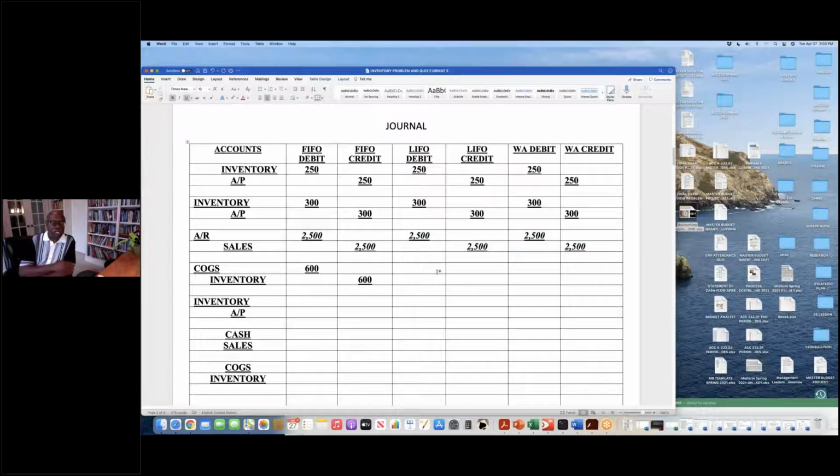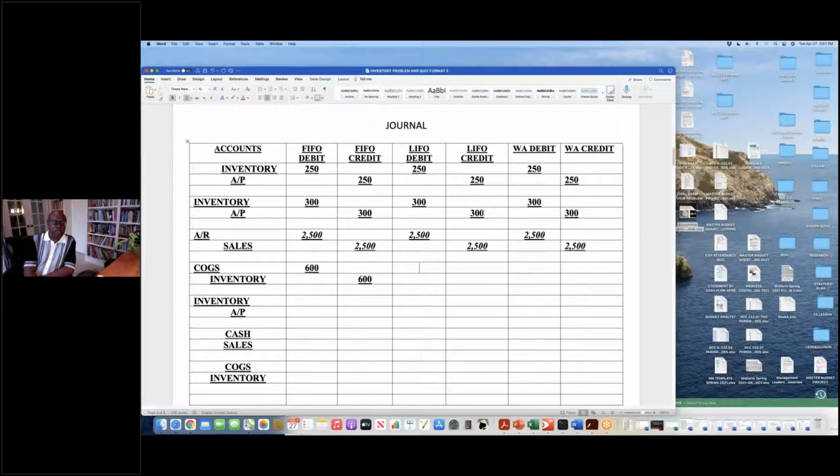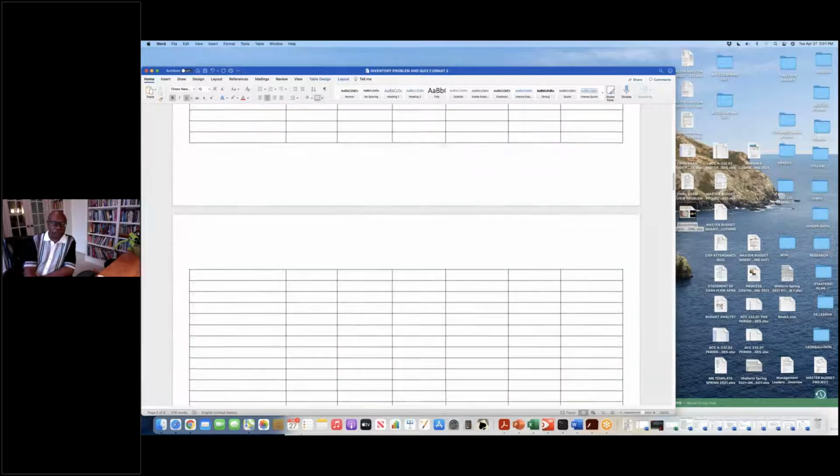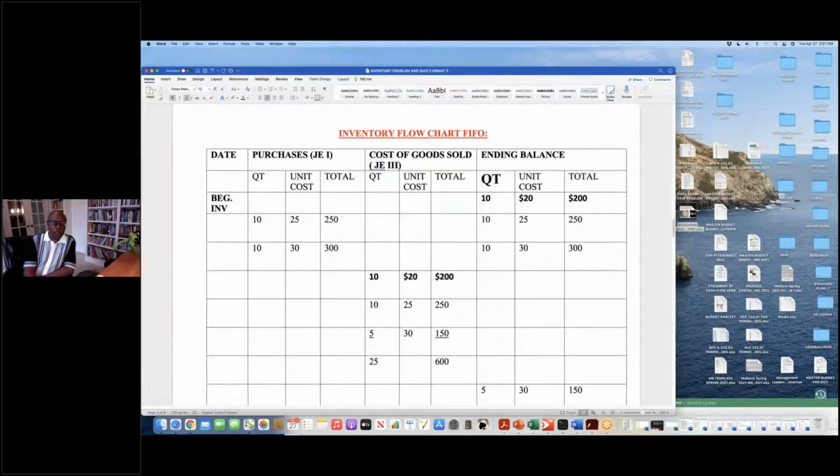So the only thing that is going to change with Lifo is this COGS number. And let's look at why it's going to change. So right now, we can take what's in the Fifo inventory chart.